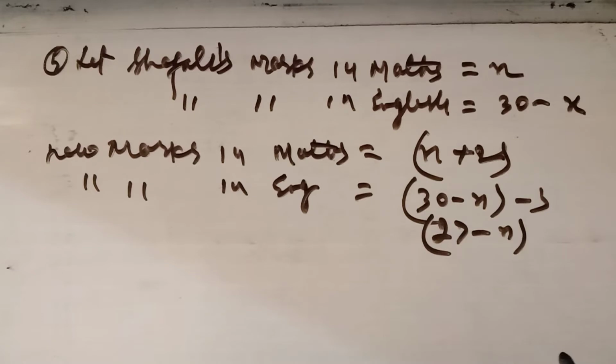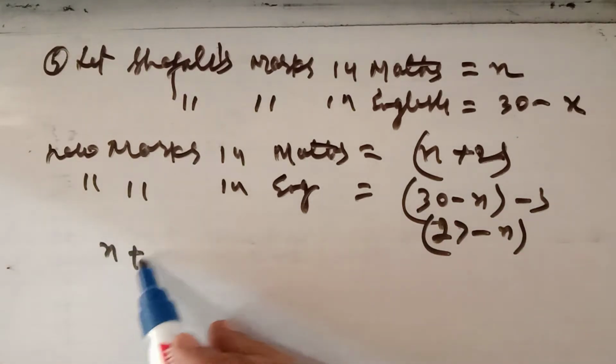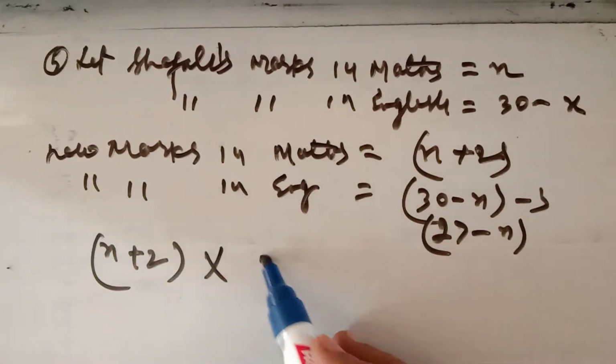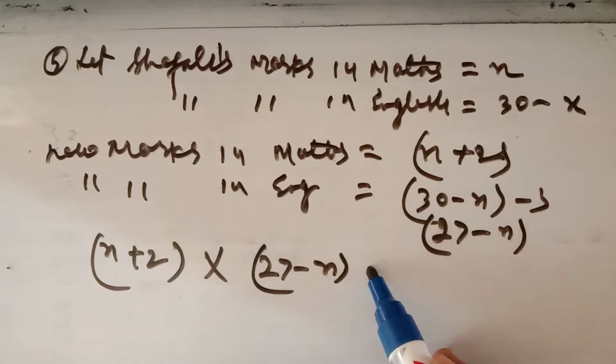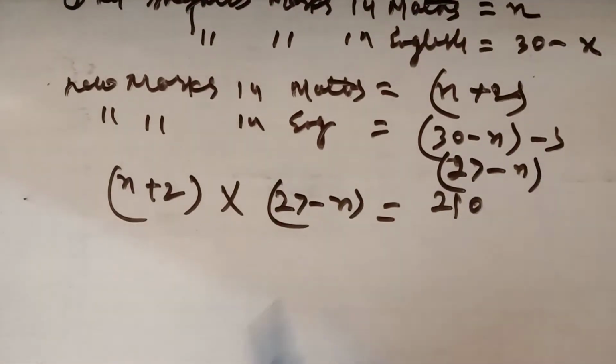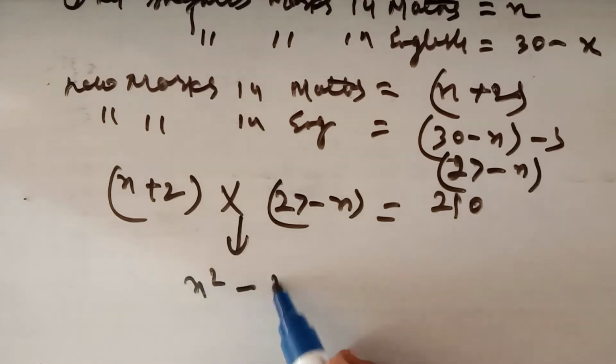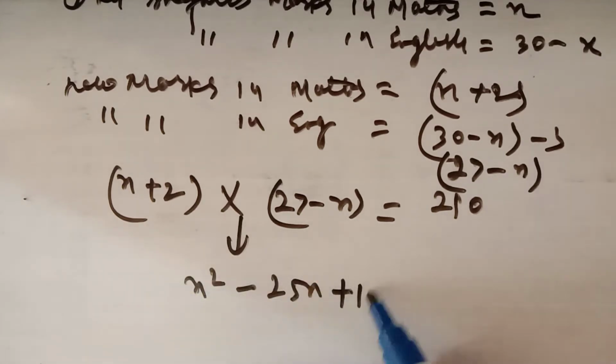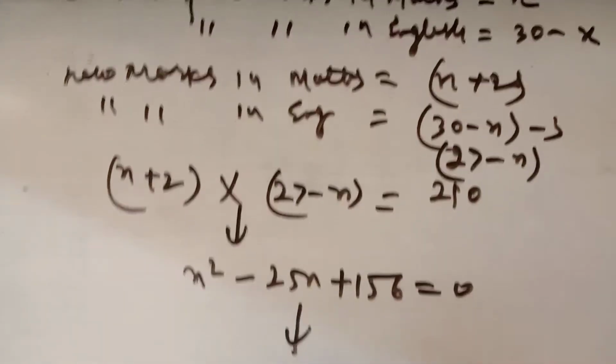Then the product would have been 210. Find the marks in the two subjects, the original marks naturally. When you multiply and open the brackets, you will get the quadratic equation x square minus 25x plus 156 equal to 0.